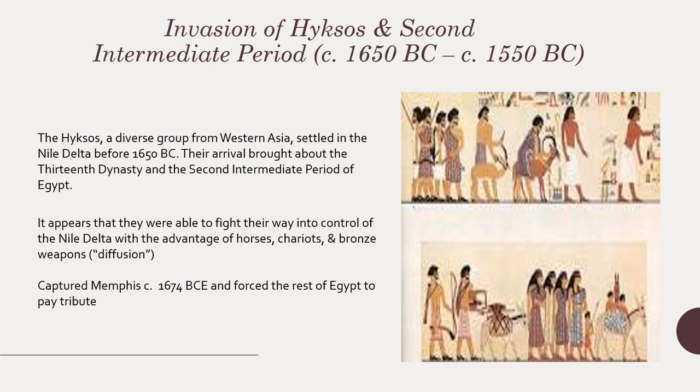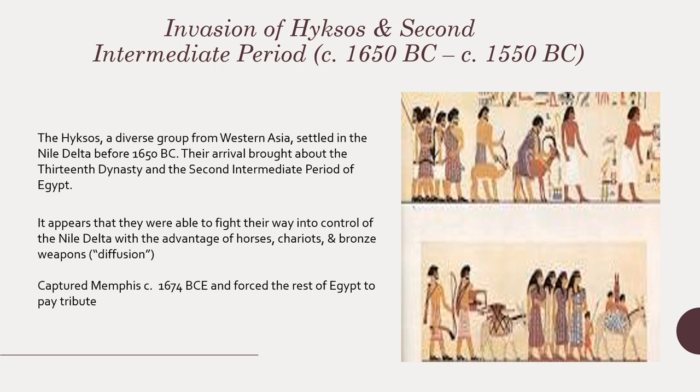But truth be told, the Hyksos didn't conquer, at least physically, geographically, all of Egypt. They conquered just the Nile Delta. So you could actually say that Egypt, during its ancient period, was never conquered. So they fought their way into control of the Delta, having the advantage of horses, chariots, and bronze weapons, and they had gotten these from afar.